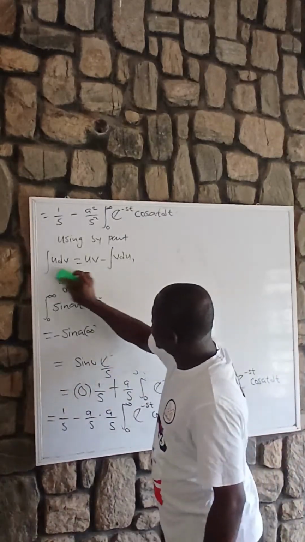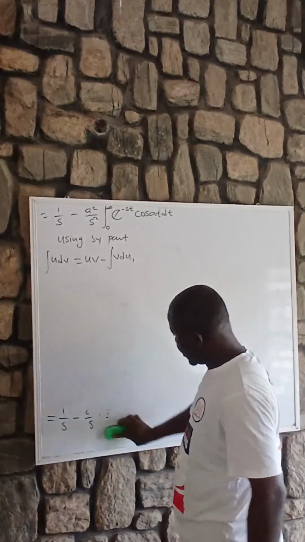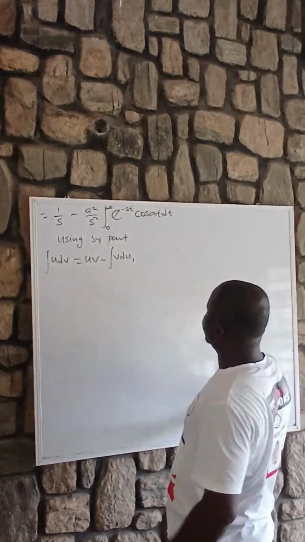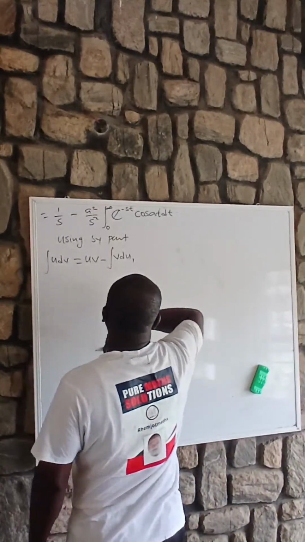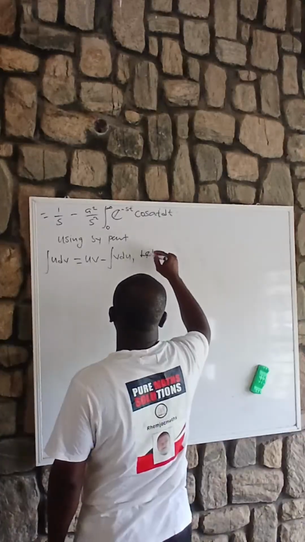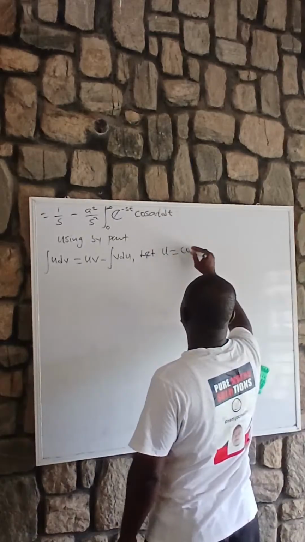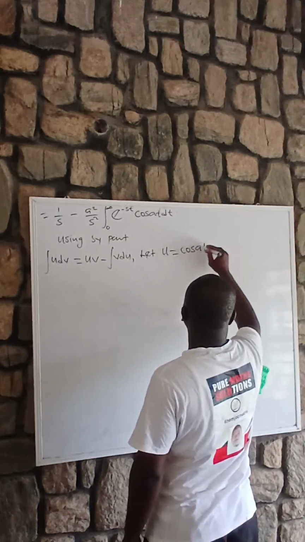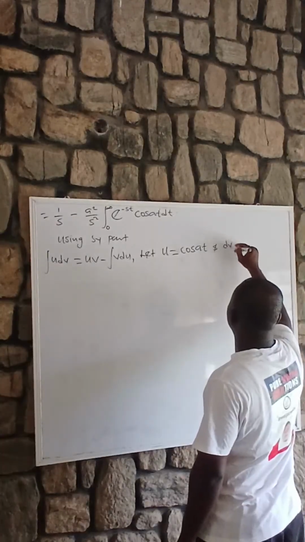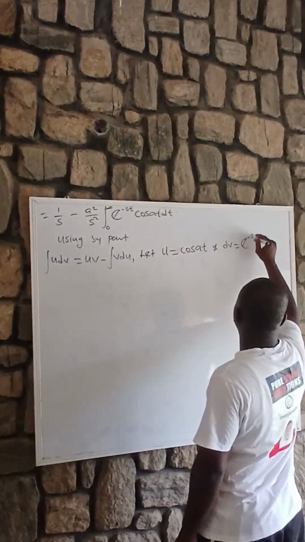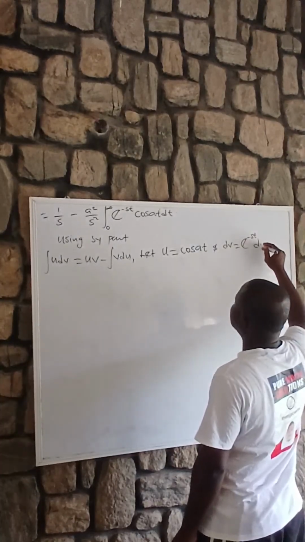If we are to use by parts again, we hold this one constant. We now say let u be equal to cos at and dv be equal to exponential minus st dt.